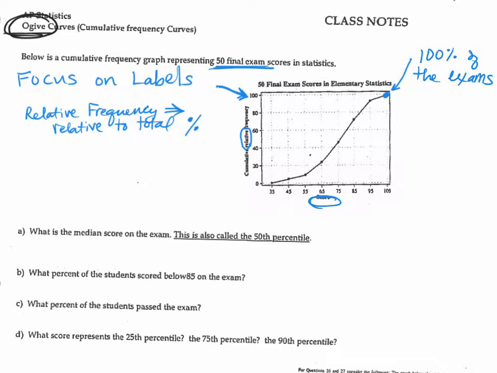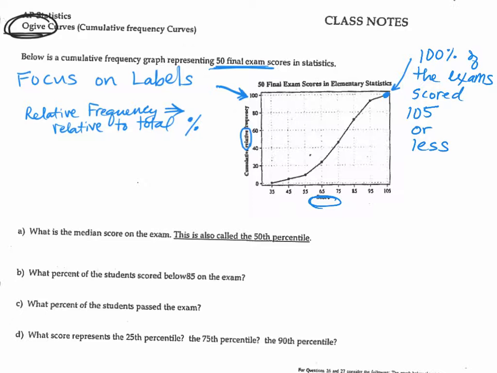So 100% of the exams scored 105, but it's cumulative. Do you think all 100% of the exams got a 105? No, it's a 105 or less. Yes, 105 on the exam or less. Okay, that's critical that you can do that.